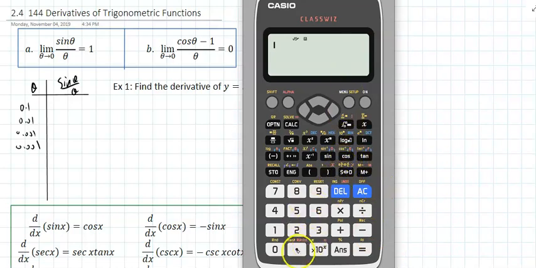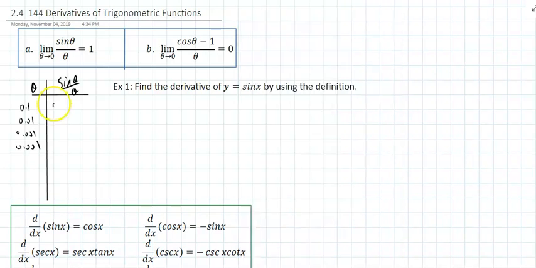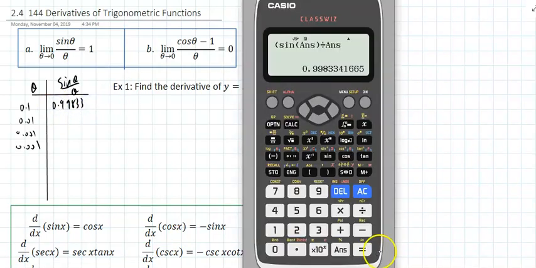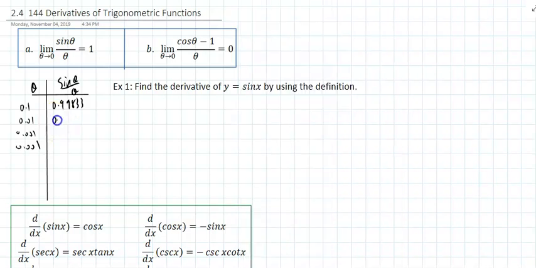If I take, let's say, 0.1 stored in my answer, now I take my sine of the answer divided by answer. 0.99833. And if I get a bit closer, 0.01, 0.999833.